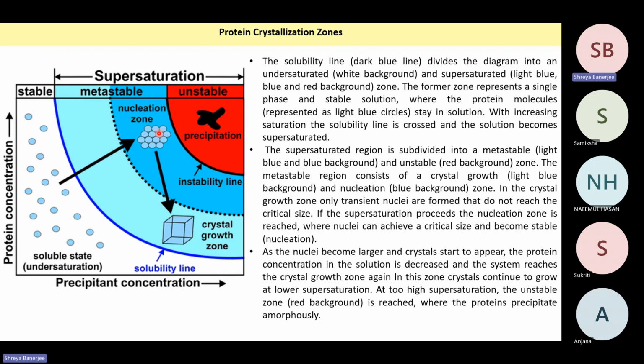Then as you move towards the right, it enters the supersaturated region. So this light blue and dark blue form the supersaturated region. The difference is that in this light blue region, the crystal growth happens slowly and gradually. But in this dark blue region, nucleation happens.